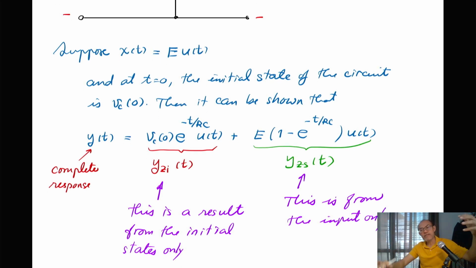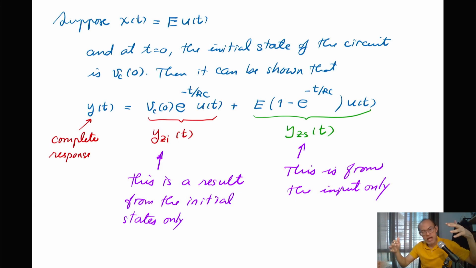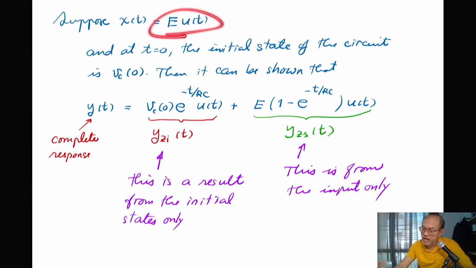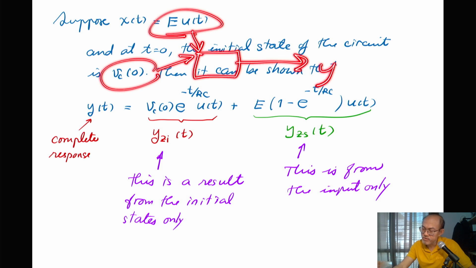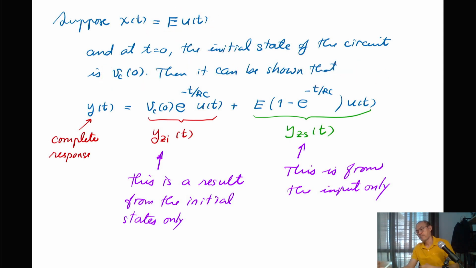Okay, when we add them together, you're going to have the true response, the complete response from the system to both the input and the initial state. We're applying the input and the system has some initial state left over, right? These two together will give you the complete response. Okay, all right.